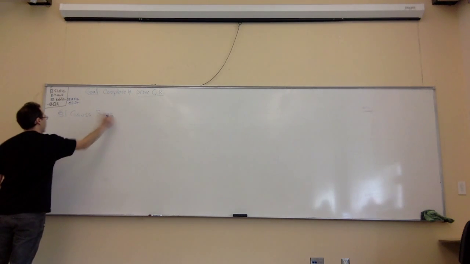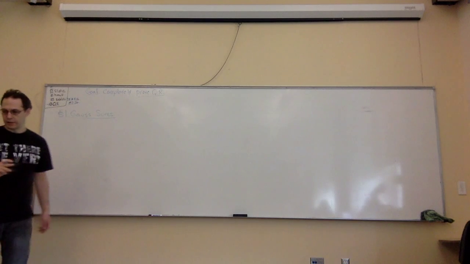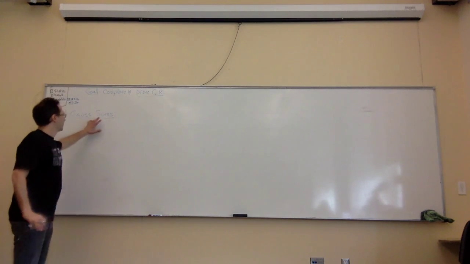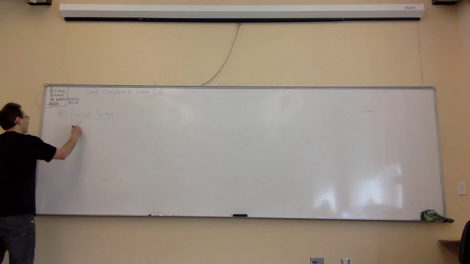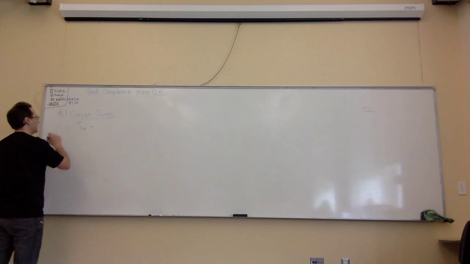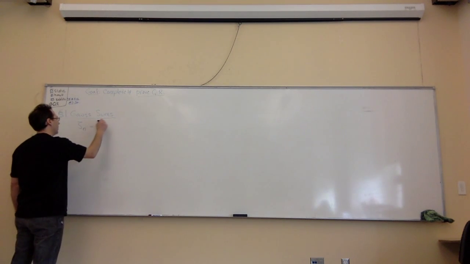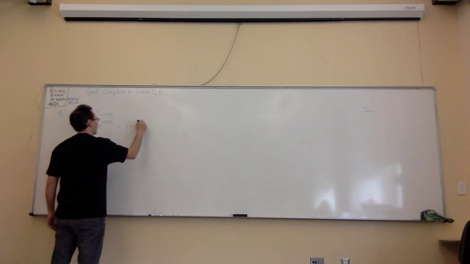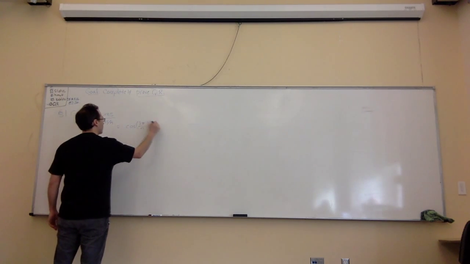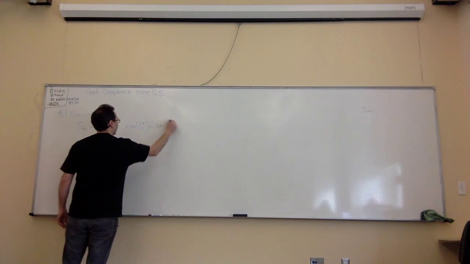I'll introduce Gauss sums. It's a really cool idea. Let me give the definition and tell you how these are going to work in the proof. We're going to use complex numbers, and let zeta sub n denote e to the 2 pi i over n, or cosine of 2 pi over n plus i sine of 2 pi over n.